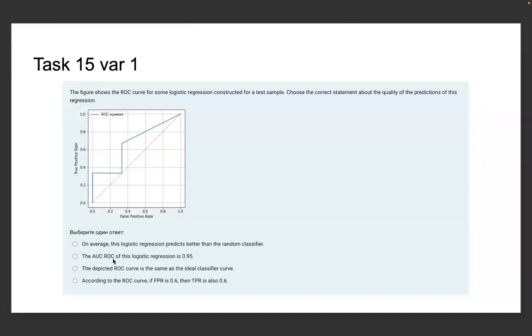The AUC of this logistic regression is 0.95. Okay, let's calculate it.